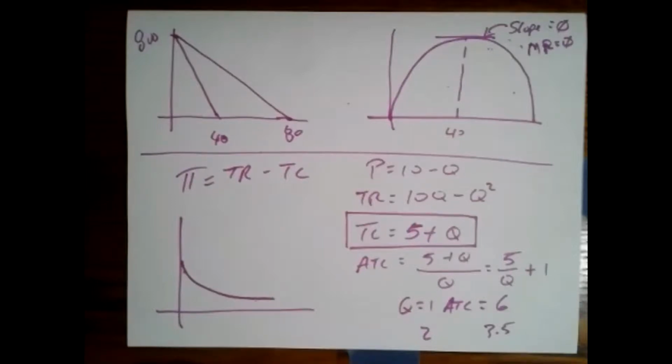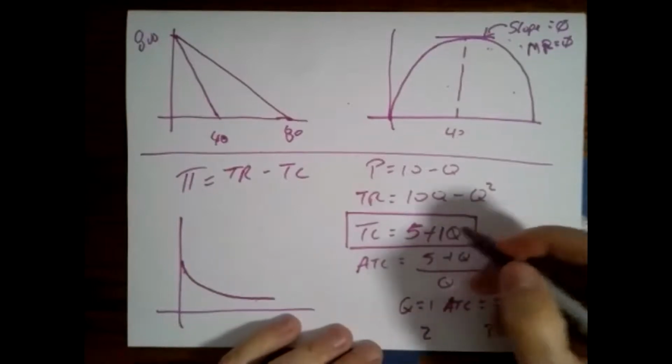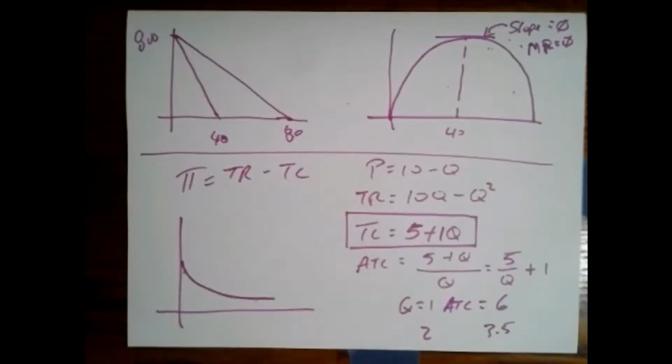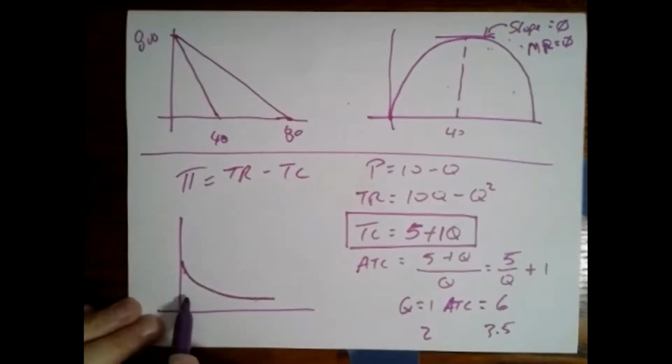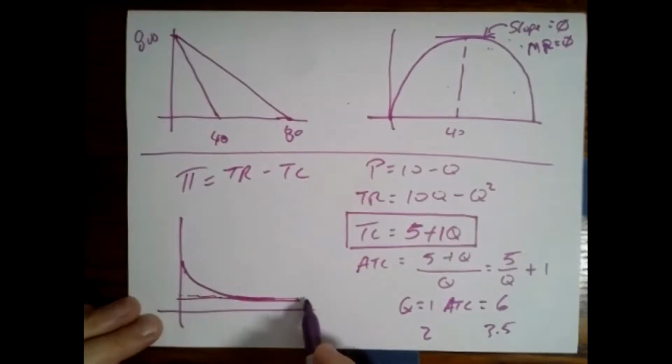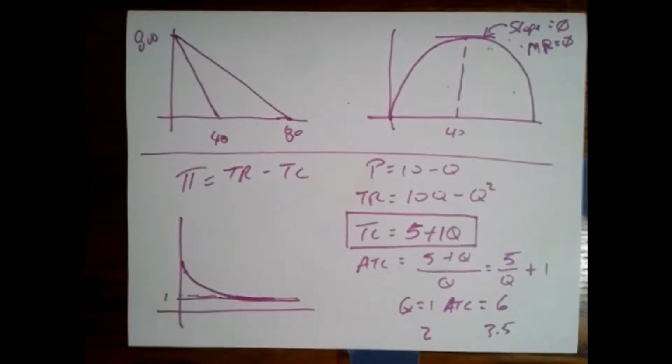If I go from 2 to 3, it'll be 5 plus 3, so making 2 is 7, making 3 is 8. That's 1 again, so it's always going to be 1. The implied 1 is there. And so our marginal cost is going to come out at a value of 1, right?